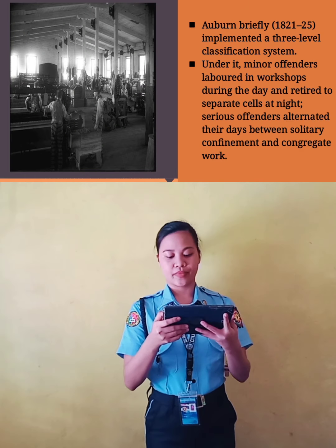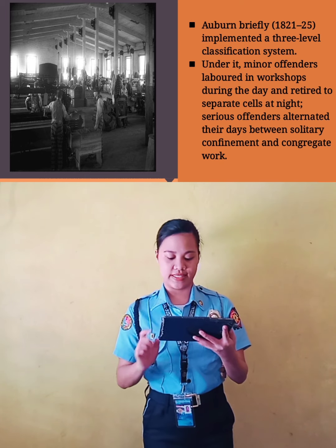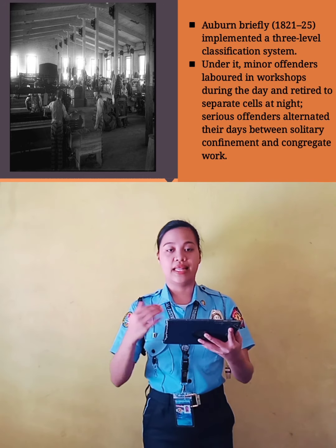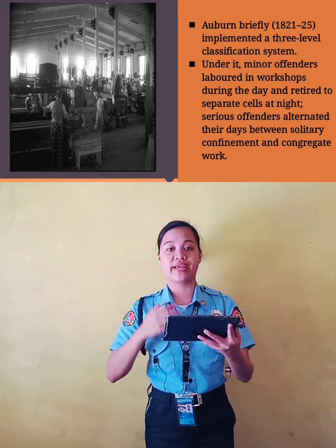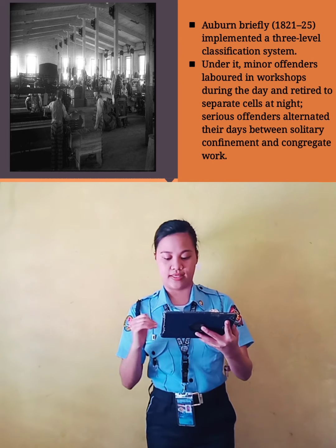Auburn briefly implemented a 3-level classification system. Under it, minor offenders labored in workshops during the day and retired to separate cells at night.